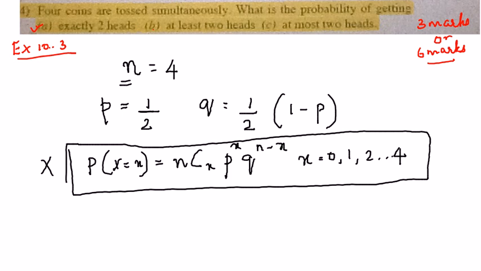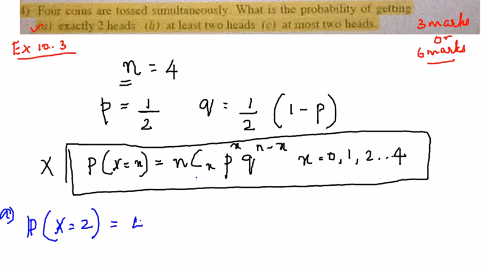Now let's do the first part of the sum, where you have to find the probability of exactly getting 2 heads. That is, X is equal to 2, so I substitute for this in the formula.